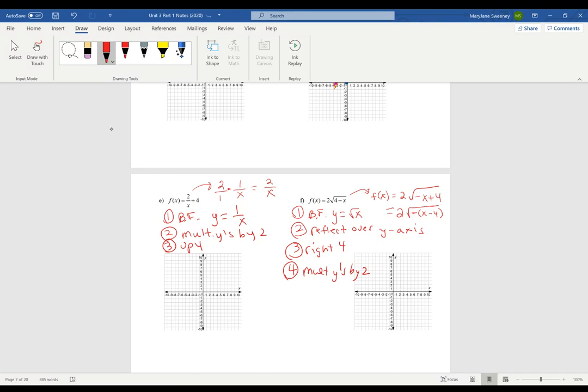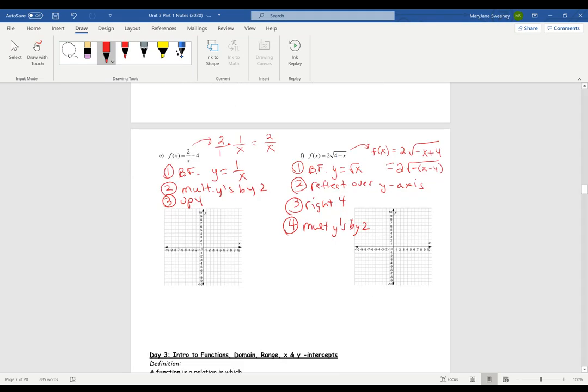Technically, a lot of times the right and the multiply can be done interchangeably. But I feel like if you always follow the order of operations, make sure your reflect over the y is done first and your up down is done last, then you'll always get it right. Okay, so that's day 2, transformations.